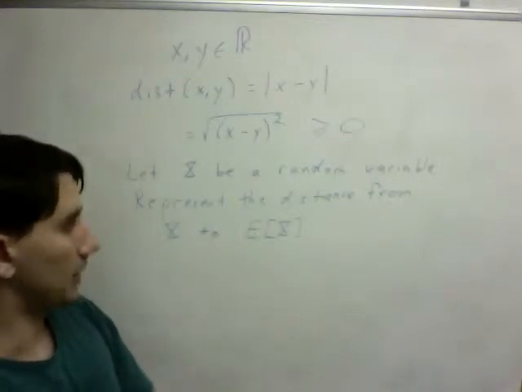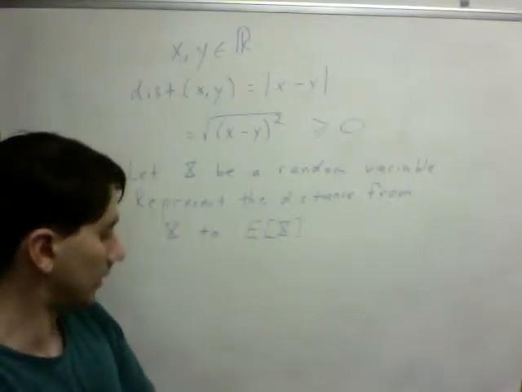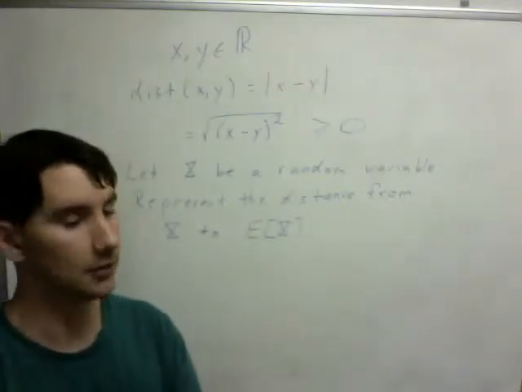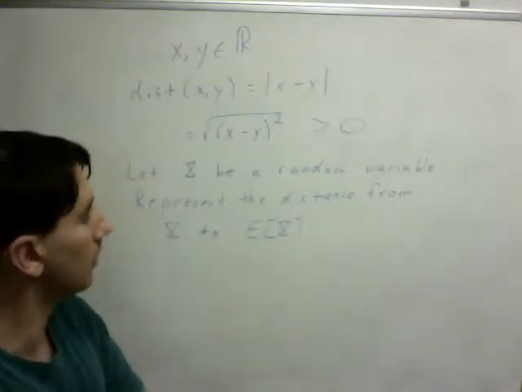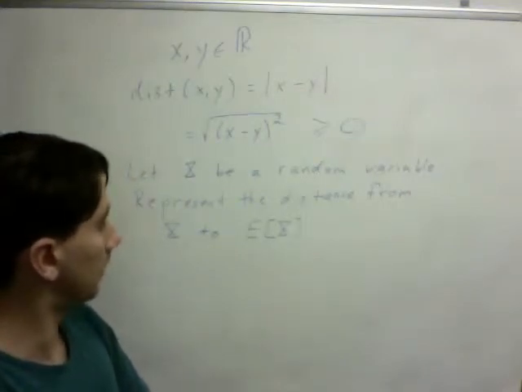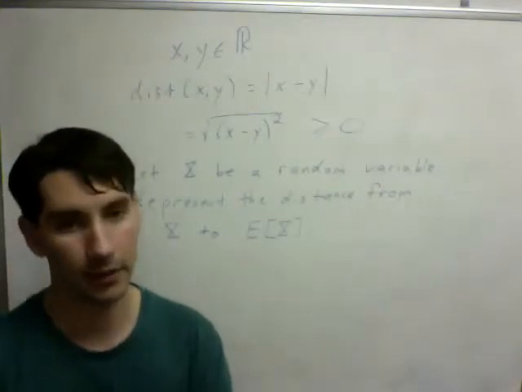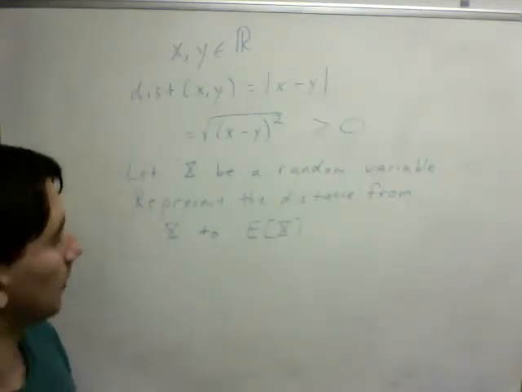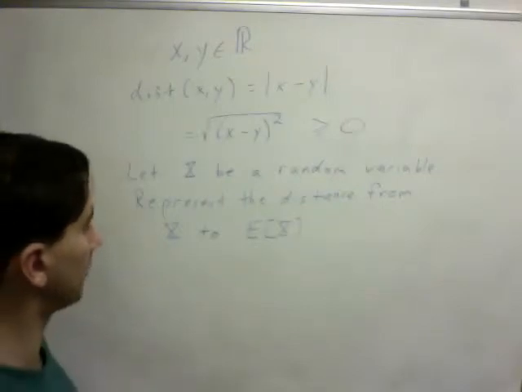We want some way to measure this. In that last example, if we played the game where you get $1 or lose $1, you can imagine that it's not very far from $0. So the random variable is close to its mean. But in the other example, where you might lose $100 or win $100, the values it takes are much farther away from the mean. So we want some way to compute this.